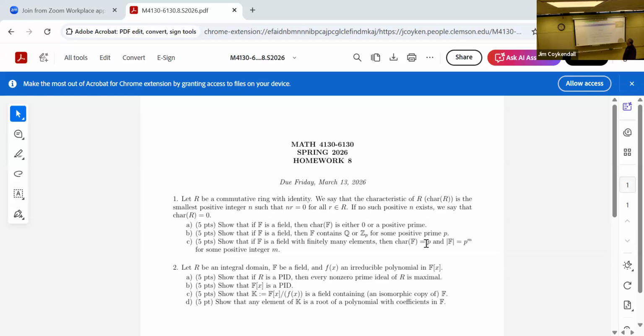And finally, show that K equals F[x] mod the ideal generated by my favorite irreducible polynomial is a field containing an isomorphic copy of F. And this field is algebraic in the following sense. Any element of K must be a root of some polynomial with coefficients in F. So none of this business like e being transcendental over Q, everything actually is a root of a polynomial in this case. So this ought to be kind of a fun one.